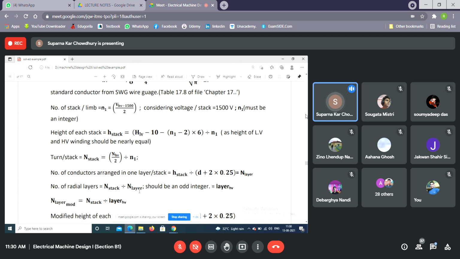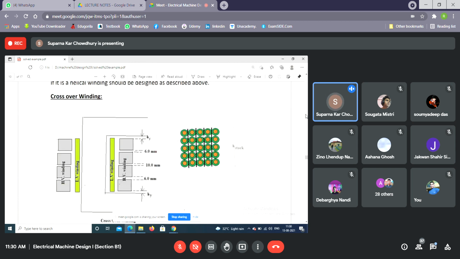Now obviously all this should be an integer, and another thing is that N layer should be an odd integer. N layer is the number of layers. That should be an odd integer. That is because the winding is wound like this. If we start from here, we finish from here. Then this layer starts from here, finishes from here. Then start, finish, start, finish.